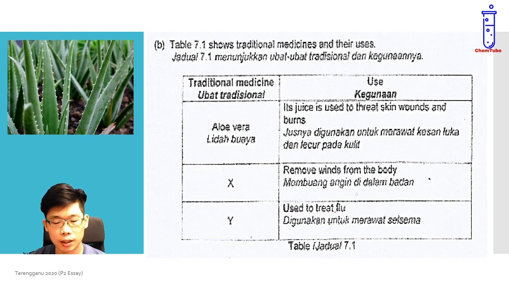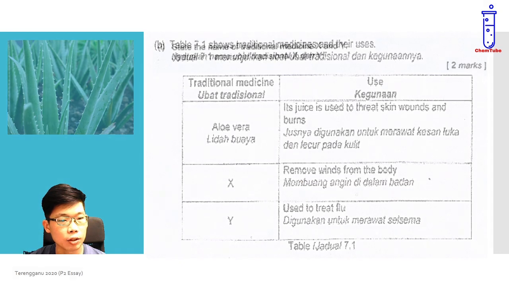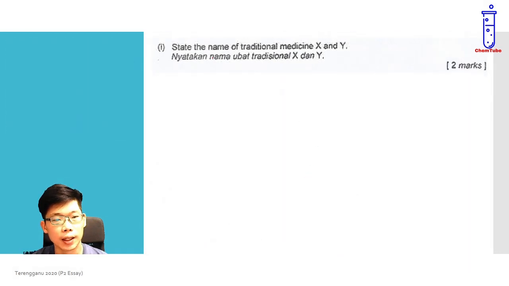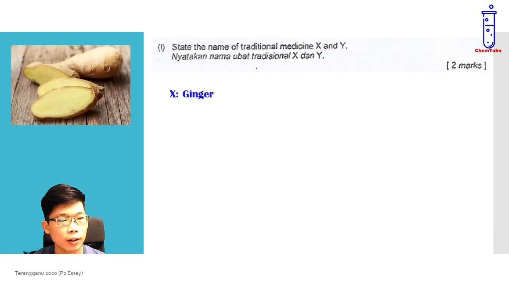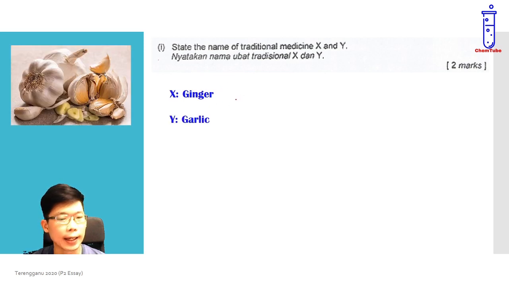As a chemistry student, you should state the name of the traditional medicine for X and Y. X is actually ginger, then Y is garlic. So 2 marks for each answer here.